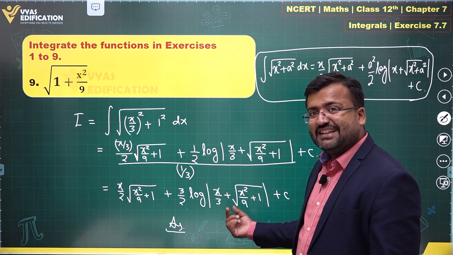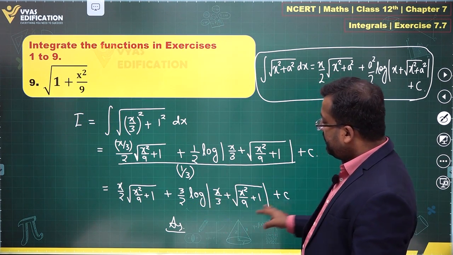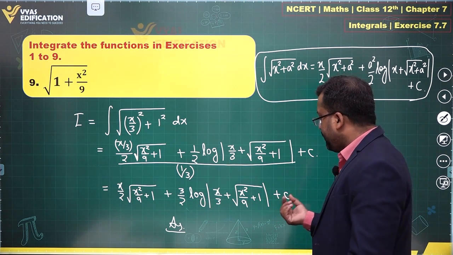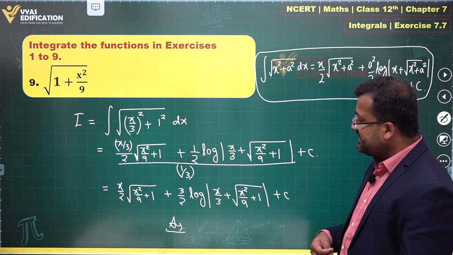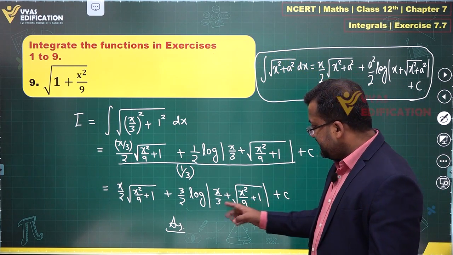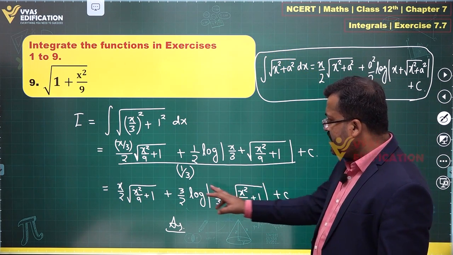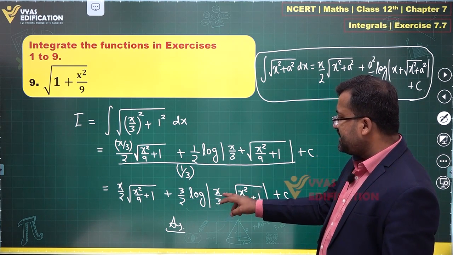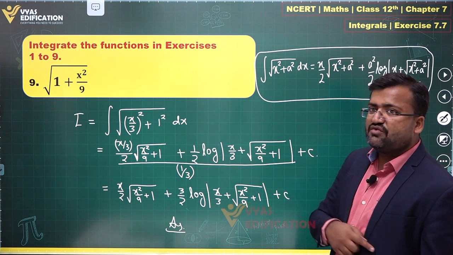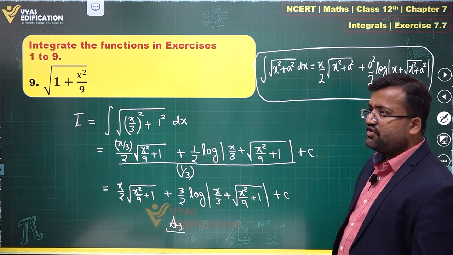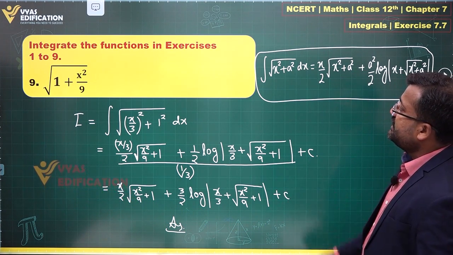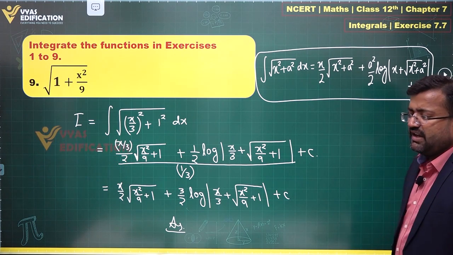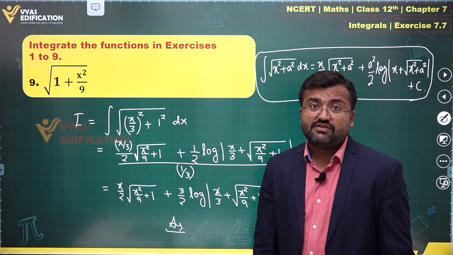That 3 from the denominator will become minus log 3 multiplied by 3 by 2, which can be merged with this c to give you a c prime. The other form you'll get is 3 by 2 log modulus x plus the square root of x square plus 9, and instead of c you will see c prime, right? That's the final answer for this 9th question using this formula and a further analysis.